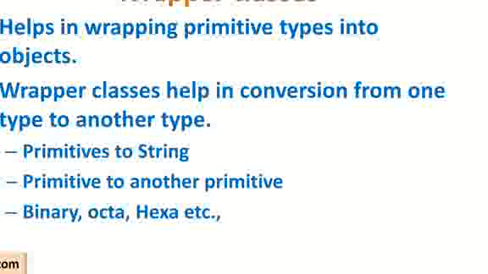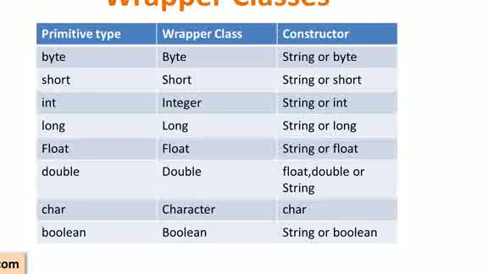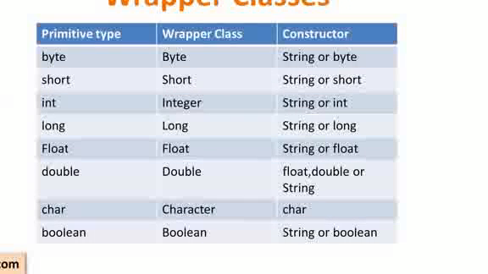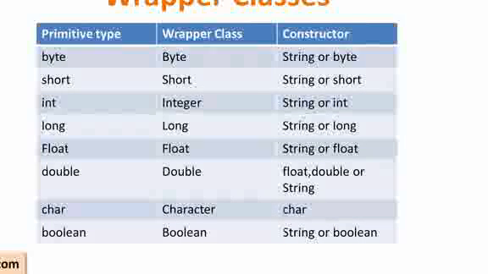If you're going to work with wrapper classes, you should be using their constructors to create the wrapper objects. So we'll see what constructors are offered. You can see that every numeric data type has two types of constructors: one accepts a string, the other constructor accepts its own data type.